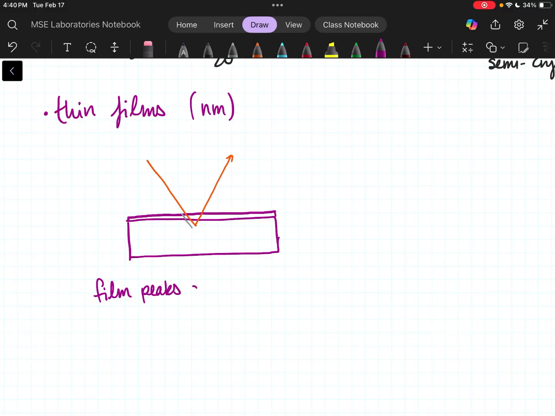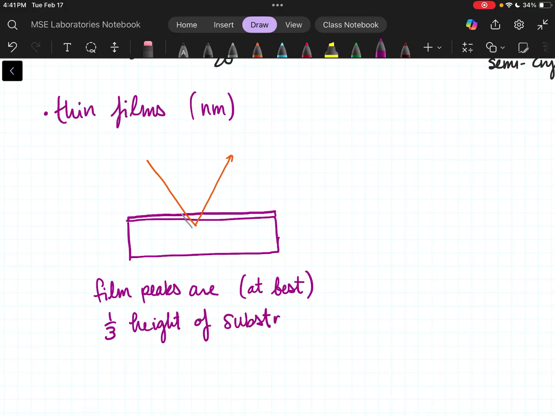So what that means is at best, the peaks from the film are going to be one-third of the height of the substrate in this situation.